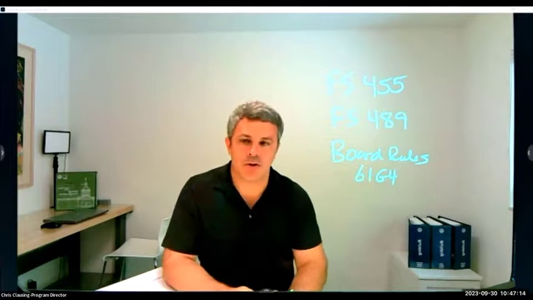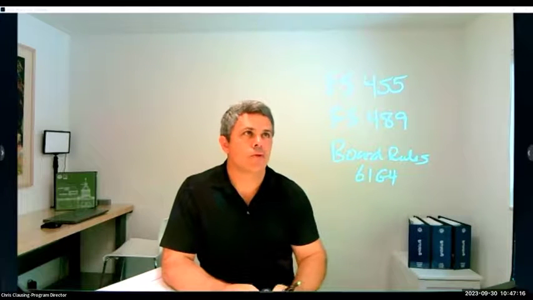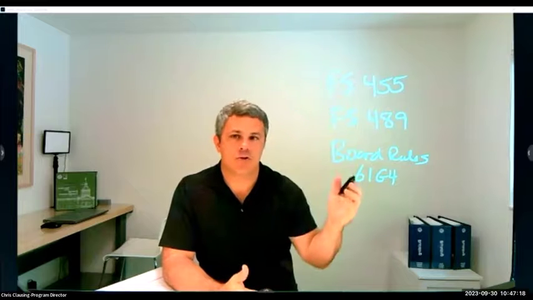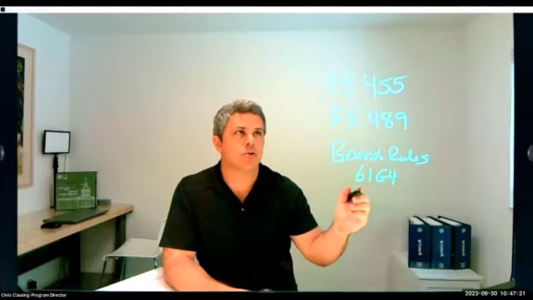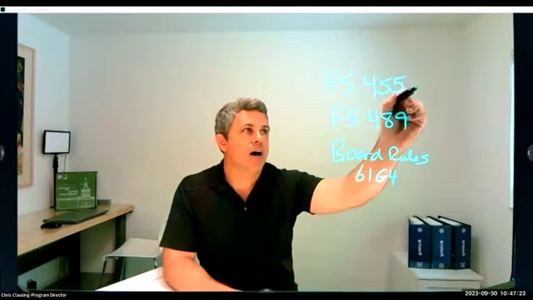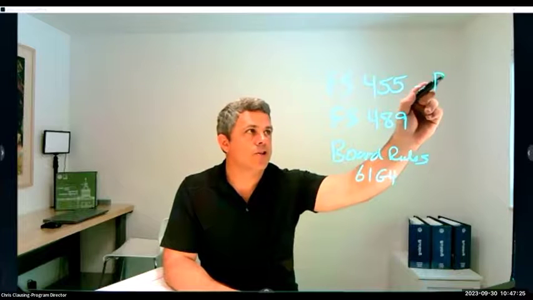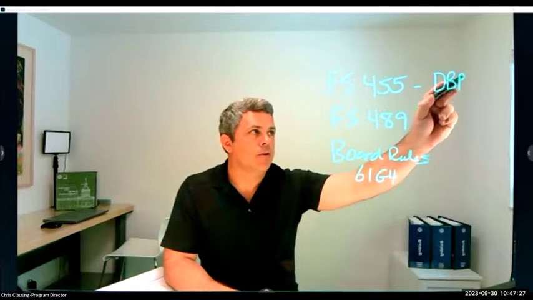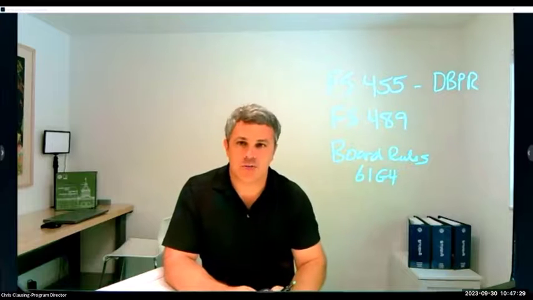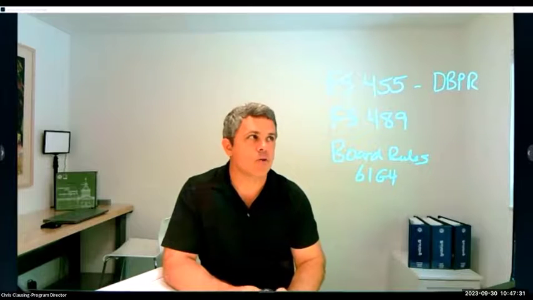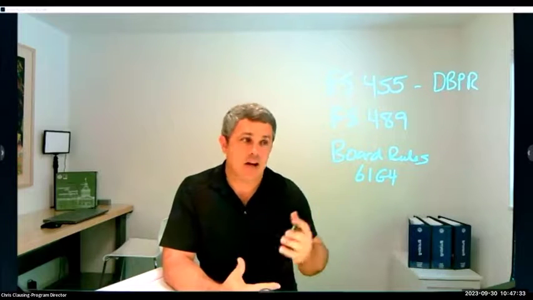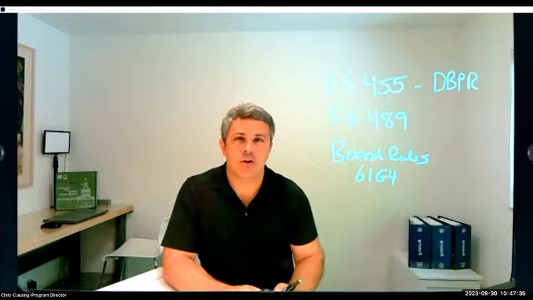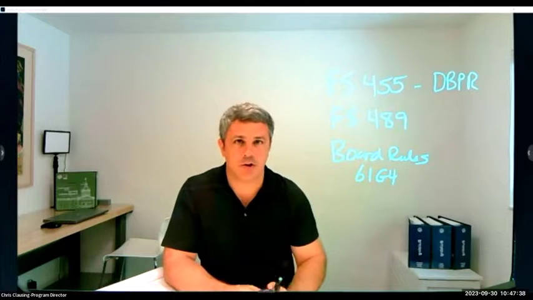So these are important. The three most important statutes that we're going to be reviewing within Chapter 2. Florida Statute 455 covers the provisions for the DBPR. This is the Division of Business and Professional Regulation. DBPR is the organization that is actually the one issuing your license. So when you have your license, you're going to see the DBPR logo on it.